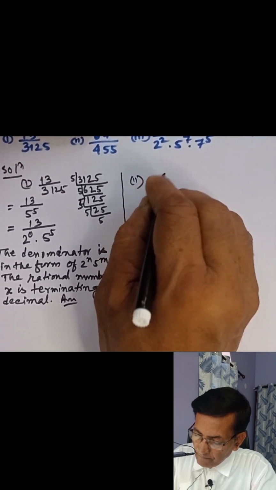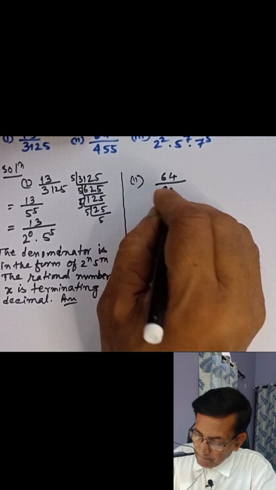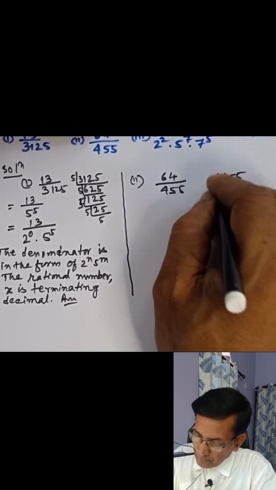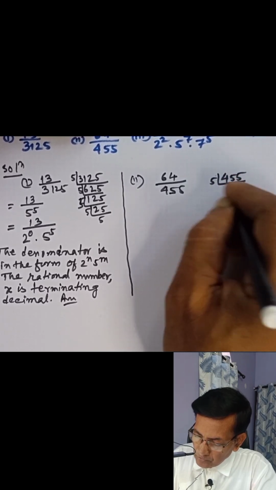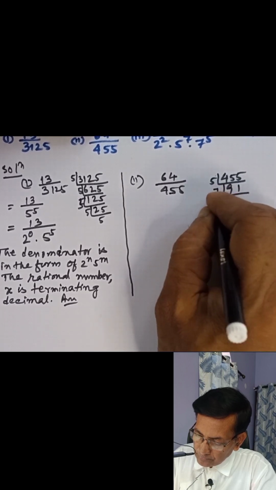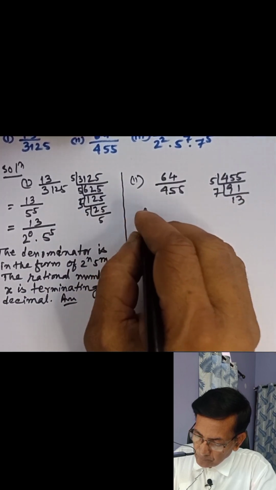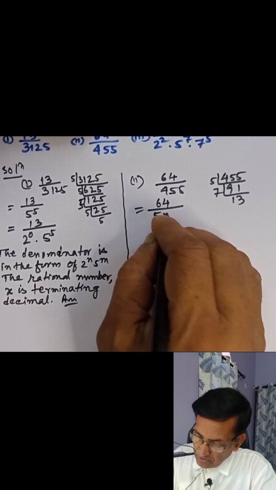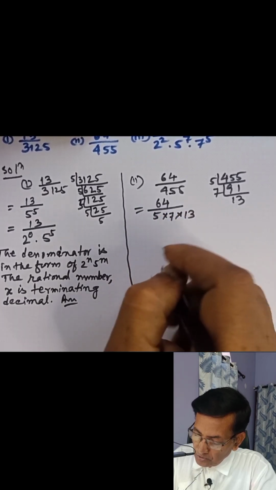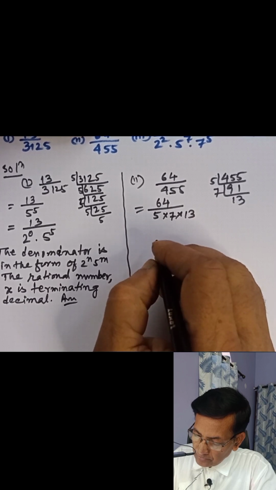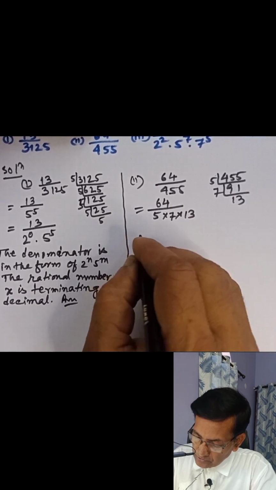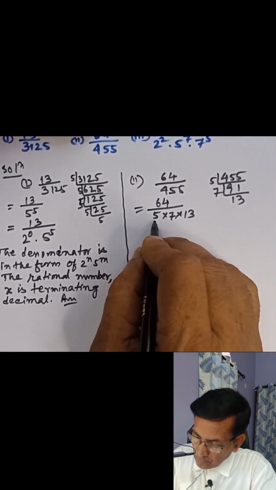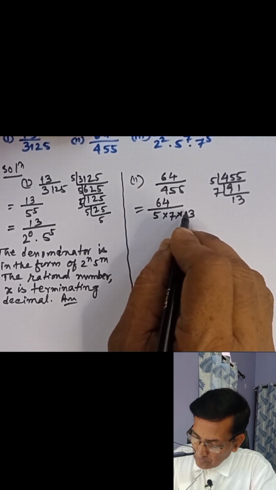Second sum is 64 divided by 455. Let us factorize the denominator. 64 divided by 5 into 7 into 13. Here the denominator is not in the form of 2 to the power n into 5 to the power m.